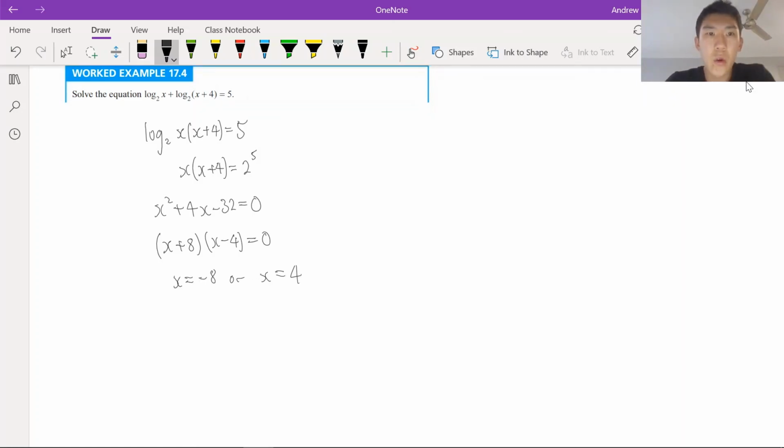Now we just want to be really careful when it comes to logs, because we can't log a negative number to get a real solution, and we're only dealing with real solutions here. See how, if we sub negative 8 back in for x in here, we're going to be logging a negative value. So that's not going to yield a real solution for us. So this one is actually out. Our only solution for this equation is x equals 4.